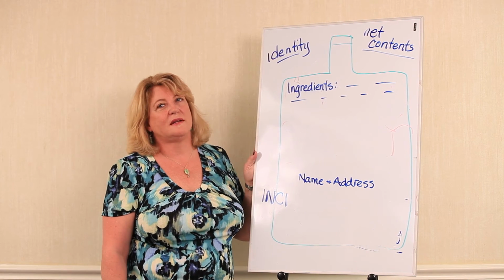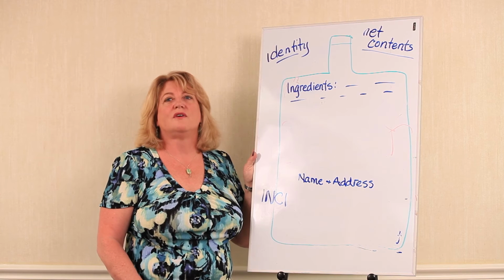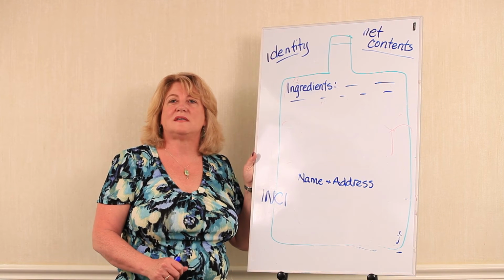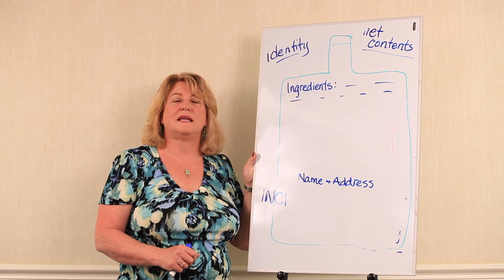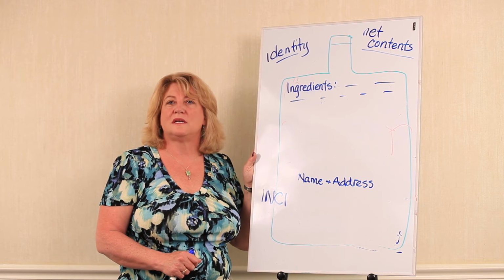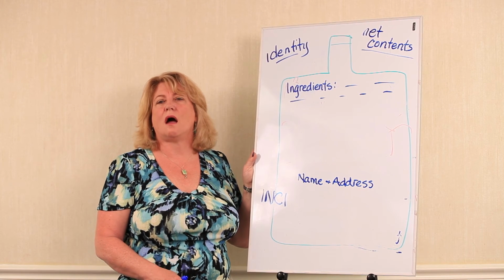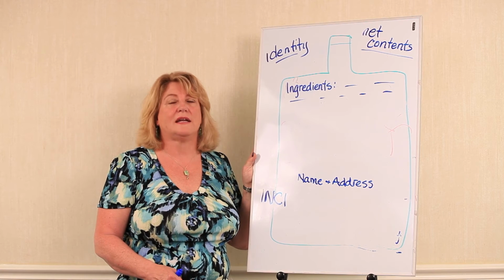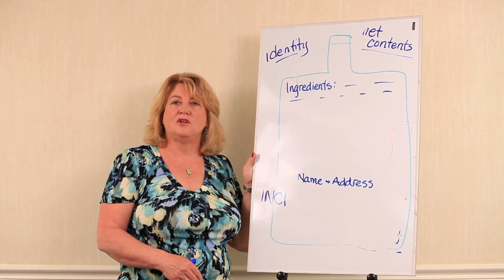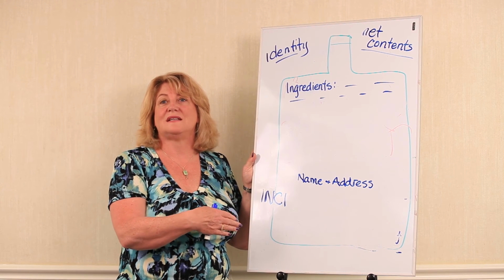Now you can omit the street address if, and only if, the street address is listed under the business name and is in an online or printed phone or city directory. So there's yellowpages.com and a couple of other online directories. If your business is listed there and it includes the street address, then you can leave it off of the label and just put your business name and the city, state, and zip.